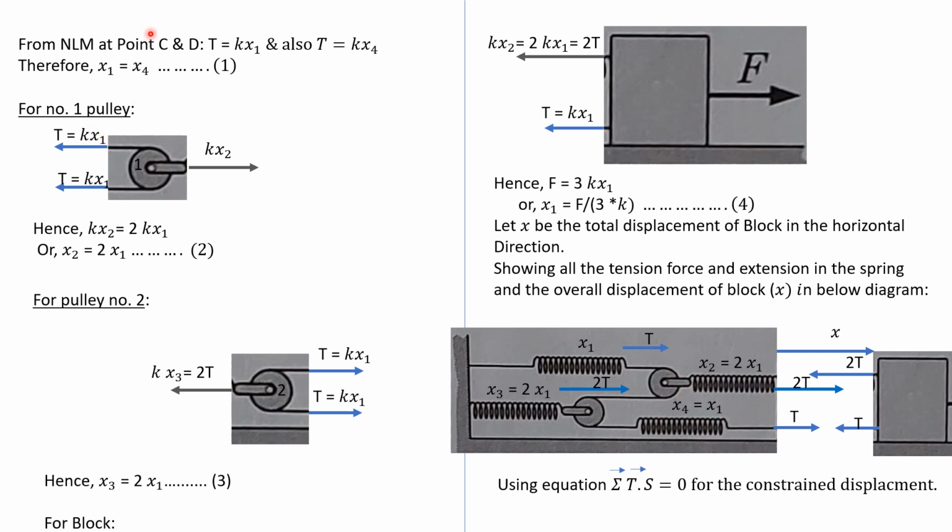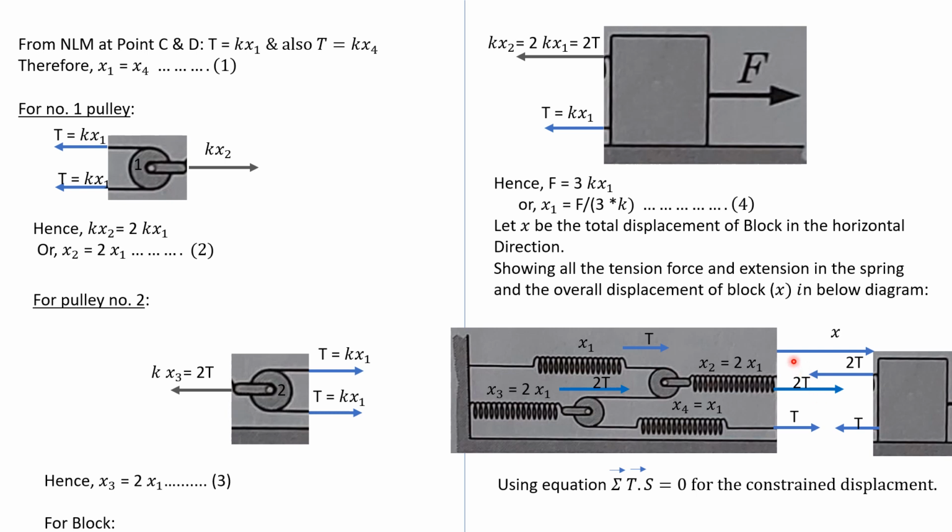Here it is x3, so x3 is equal to 2x1. So this system is having tension T, so this is T. On this side it is 2T because 2 times Kx1, so 2T. Here also it is 2T because 2 times Kx1.